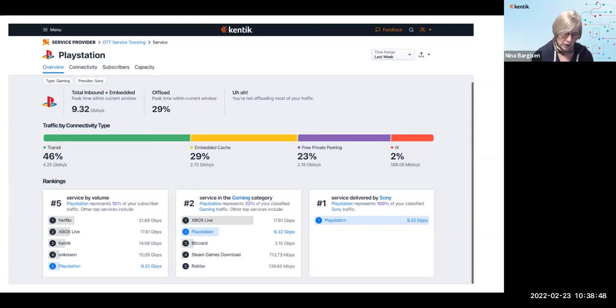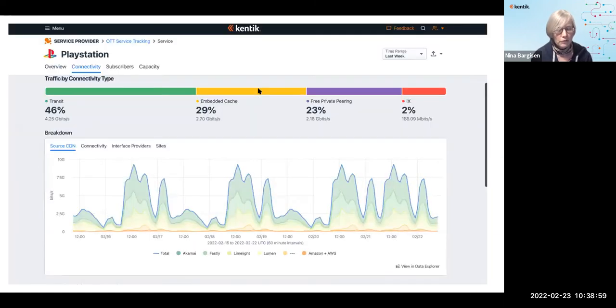And the OTT service tracking engine that Kentik has made makes it easy for you to figure out what the critical services are served from. And you can see here, if we dive into PlayStation, we can see that PlayStation is served using several different CDNs, content delivery networks: Akamai, Fastly, Limelight, and Lumen, and some Amazon and AWS traffic.